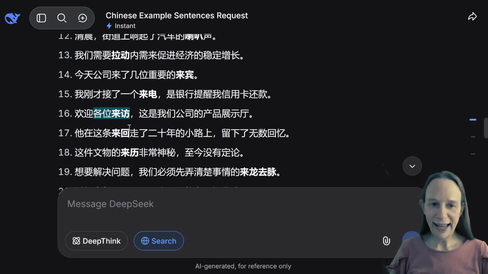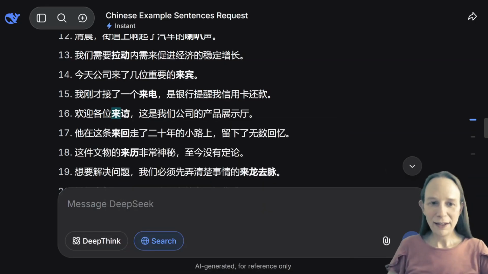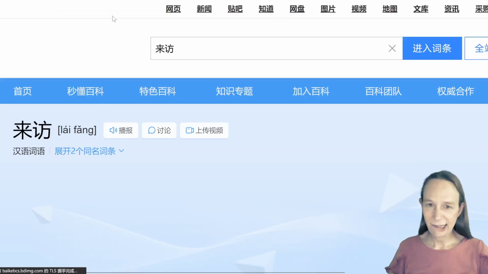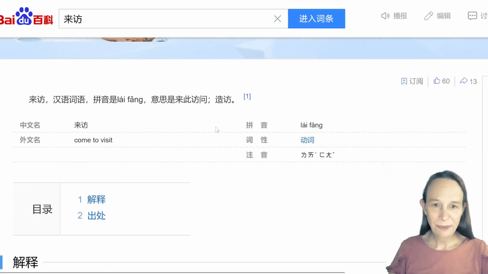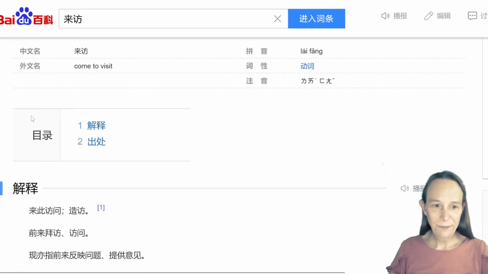No, I think the AI is incorrect. 来访. I don't know. I've got too many data points that contradict the AI. 来访. 动词. Right.